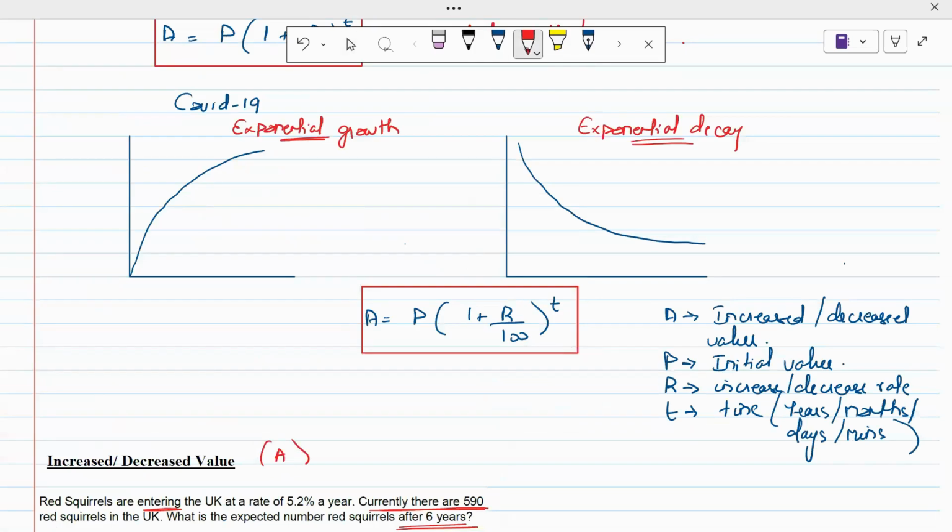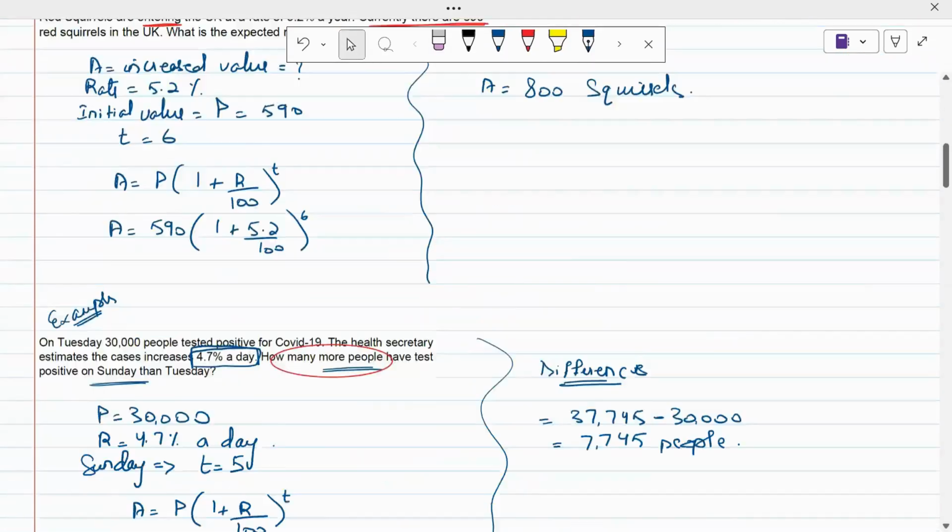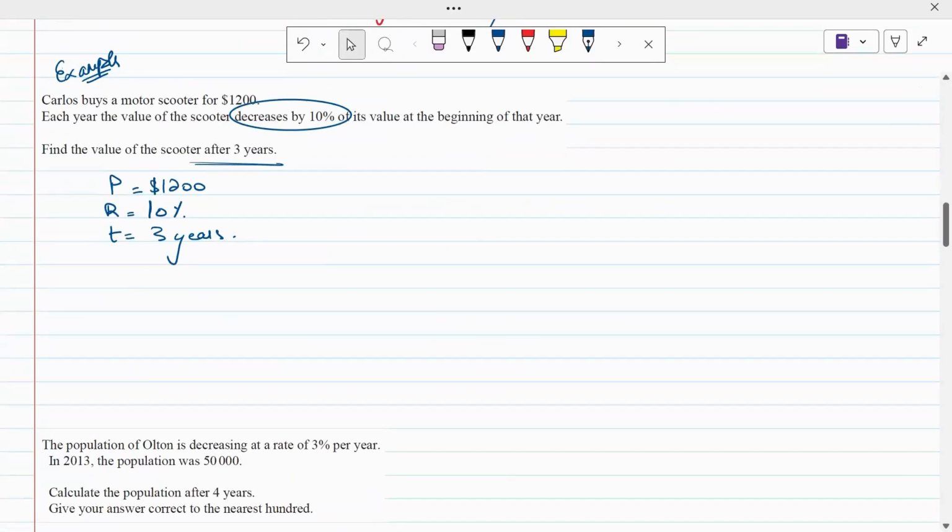But for the decrement, for the decay, for the decreased value, there would now be a minus sign in between. So for decrement, for decay, for decrease, you use a minus sign now. 1 minus R upon 100 whole power t.